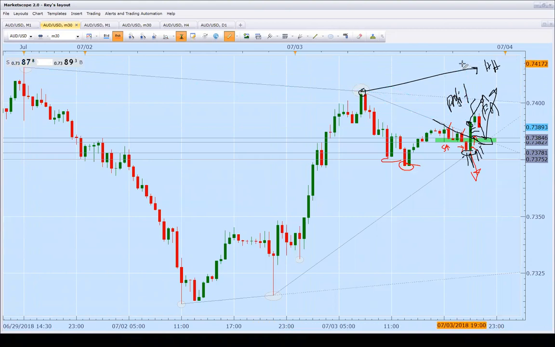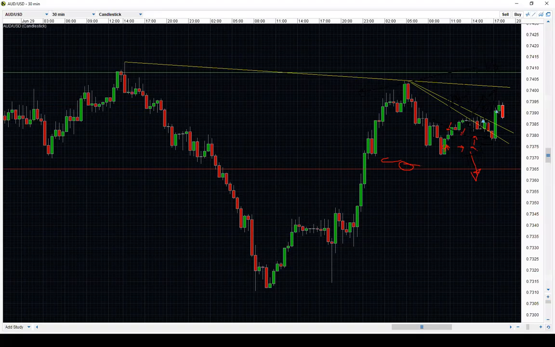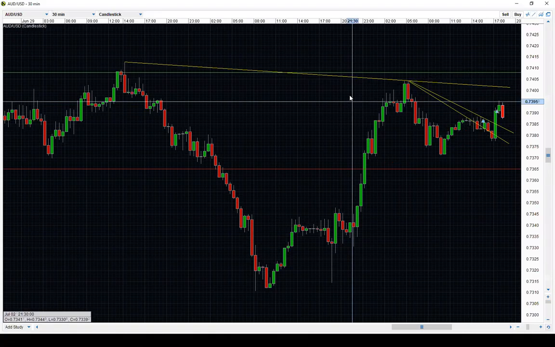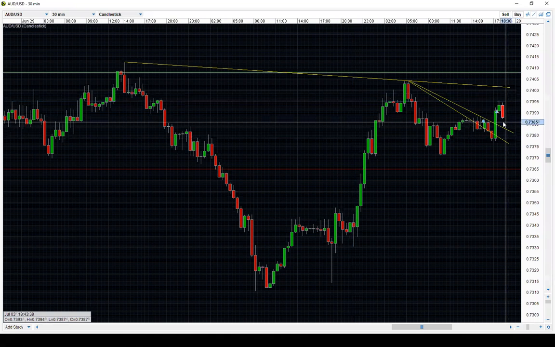All right, so that's how you use trend lines as a form of breakout, and that's how you trade trends or trend breakouts as a technique. Okay, so here's basically an example.